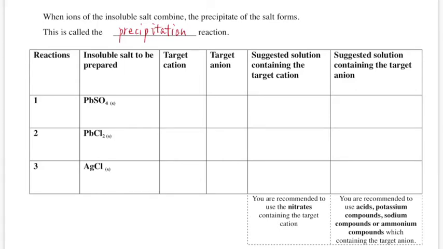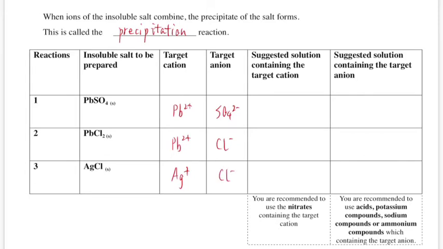The first example, lead-2 sulfate: the target cation is lead-2 ion, the target anion is sulfate ion. For lead-2 chloride, target cation lead-2 ion, target anion chloride ion. Silver chloride: the target cation is silver ion, and the target anion is chloride ion.